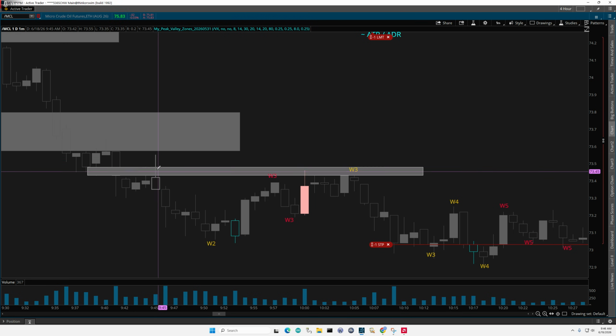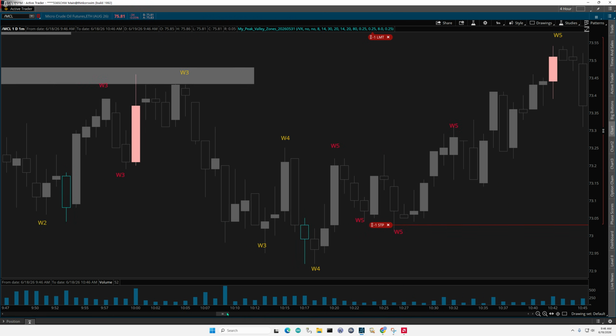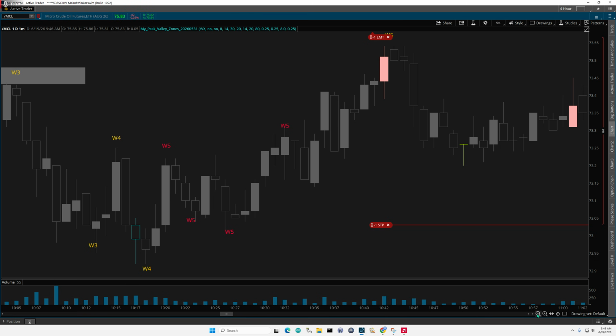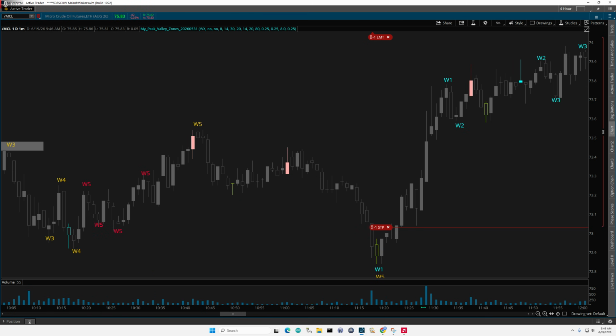Yes, here's a wick, yes, here's another wick, but you have to be able to connect 4 candle bodies. And I'm not going to look for any more because, as you know, the wave 5 happens soon after this. And there it is right down there.